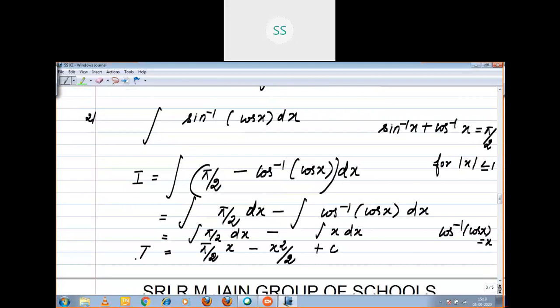Now what is the solution at the end? I equals pi by 2 into x minus x square by 2 plus c. Got it?